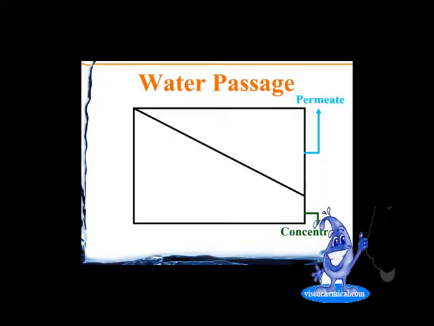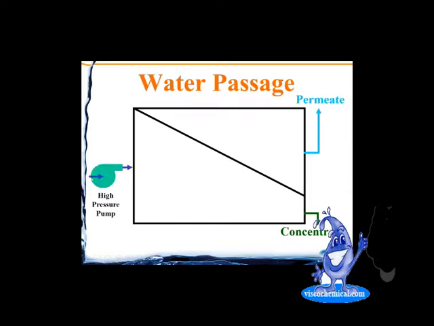So here's just a graphic of an RO unit. The rectangle is the actual RO unit, or the representation of the RO unit. This line is a representation of all of the membrane that's in the RO unit.